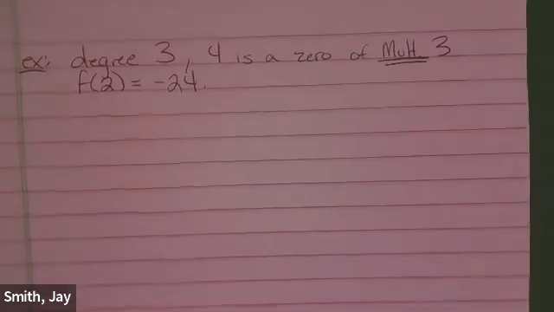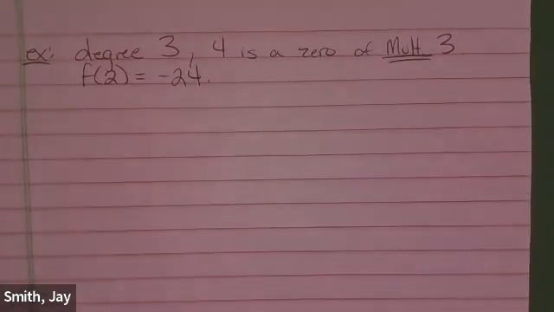We're also told that f of 2 is equal to negative 24. All right. So we know it should be degree 3, so highest power of x should be x cubed. We're also told that 4 is a 0 of multiplicity 3.